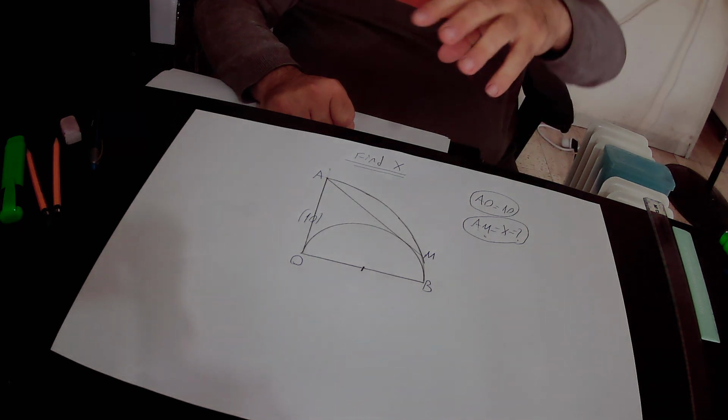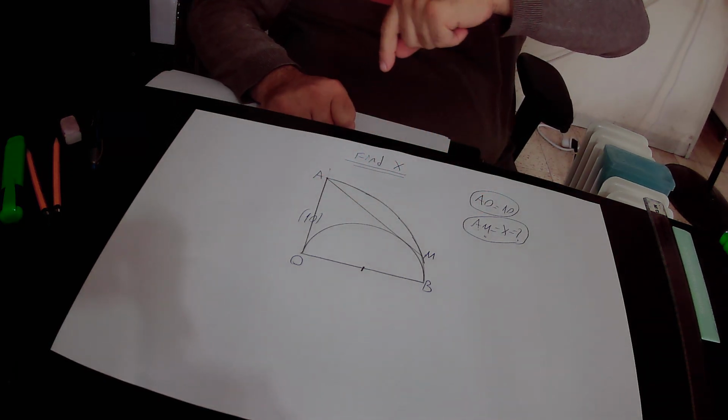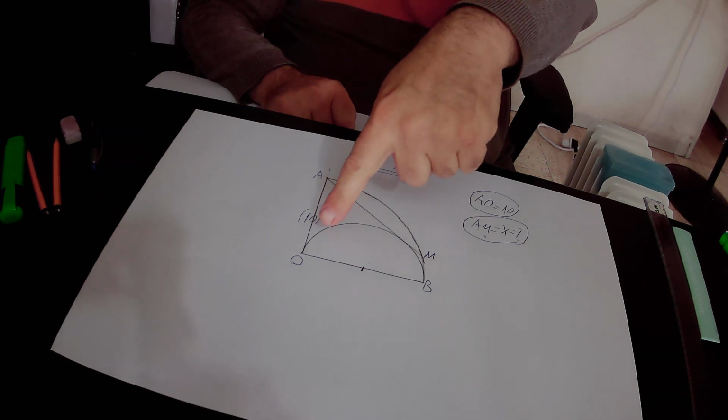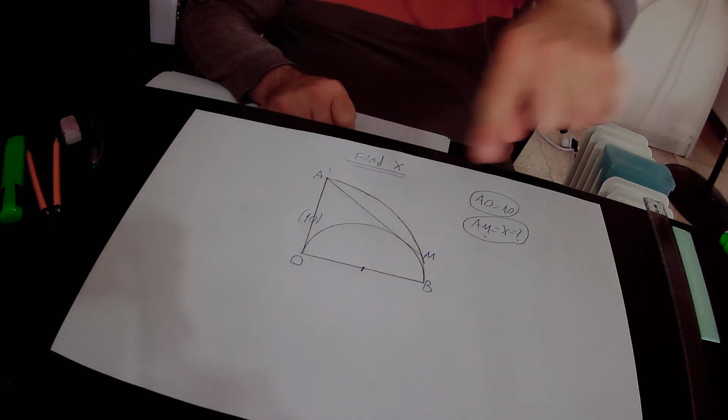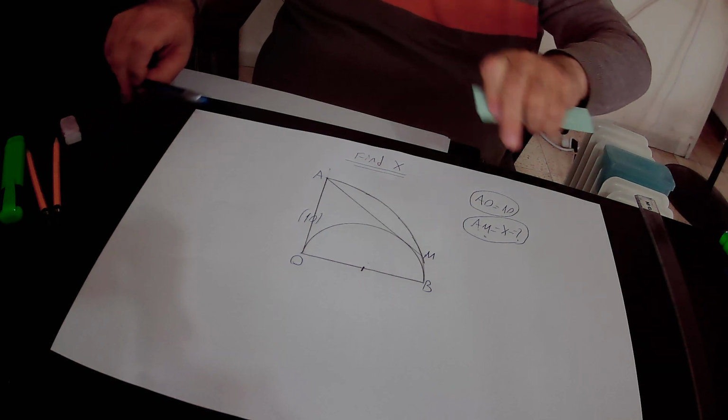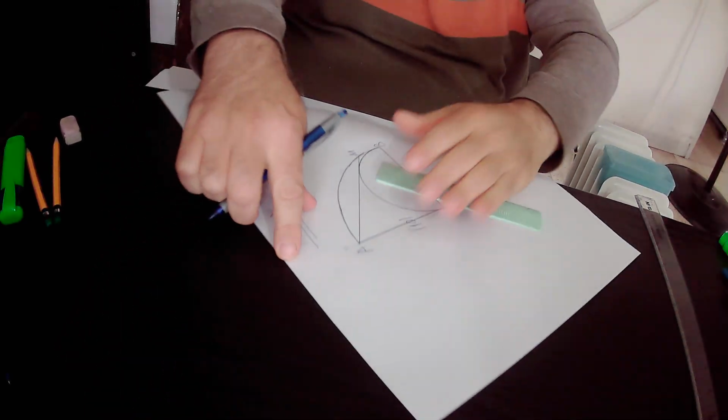So first of all, because AOB is a quarter circle, this angle AOB is a right angle. It is equal to 90 degrees in its size.